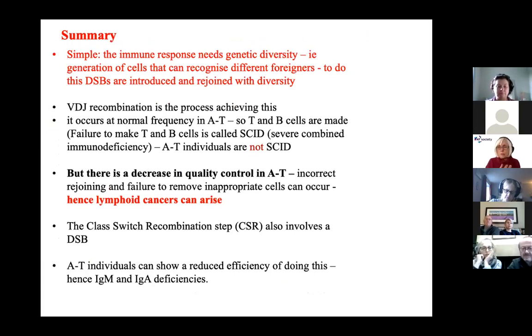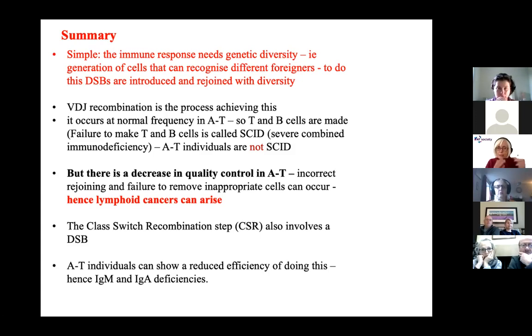During the development of your immune response, you want to recognize all the different foreign agents to which we're exposed. You generate T and B lymphocytes that will recognize these foreign bodies, and to do that you need to create genetic diversity.